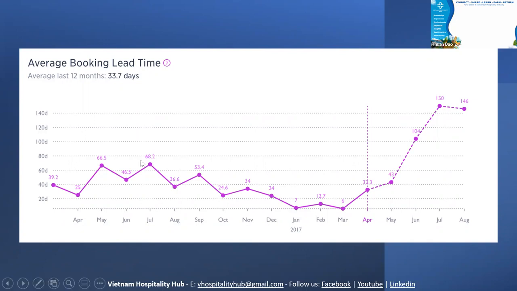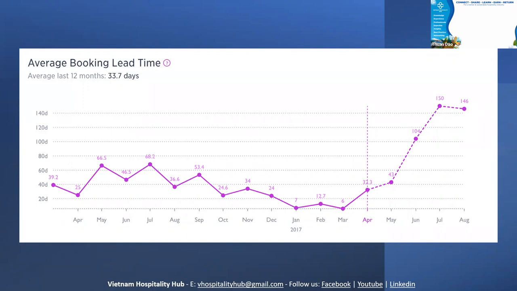If you understand this, you will not panic. If you are within May and you have no booking or very little booking, then you have trouble. But if you are at this month, 30 days in advance, and there is no booking yet, no worry. Until 7 days, bookings will come.